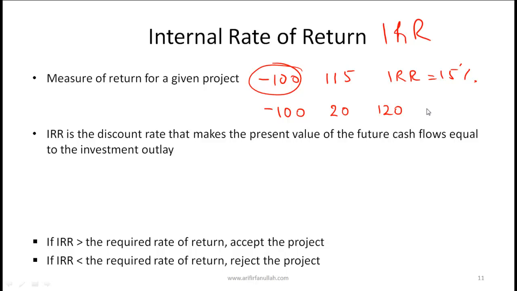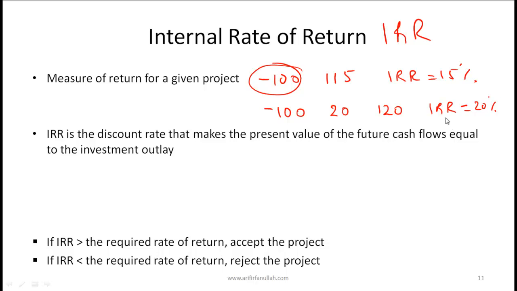Here again it's easy to see that the return on this project, which is the IRR, is equal to 20%. So IRR is essentially the return that you are getting on a project given the cash flows and given the timing of these cash flows.